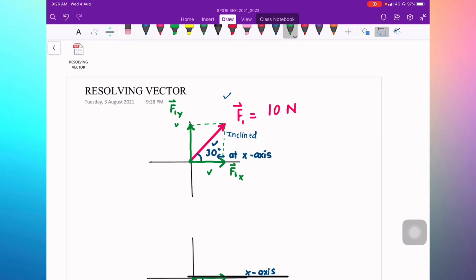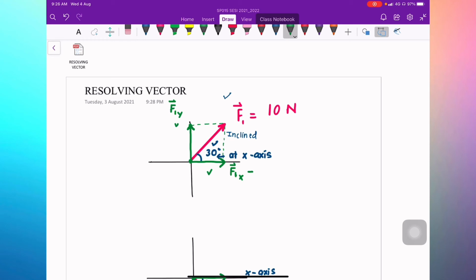Next, look at this angle. We always use the angle at the x-axis. Again, we always use the angle at the x-axis.